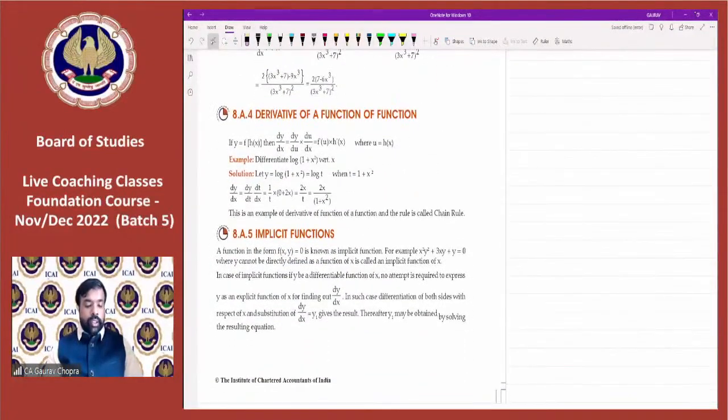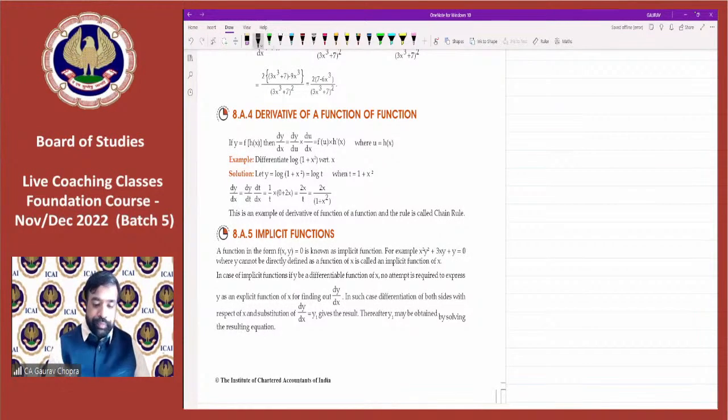Now let us move towards function of a function. Whenever two functions are there in one, how do we find the derivative in such cases? So here we have one function inside another.